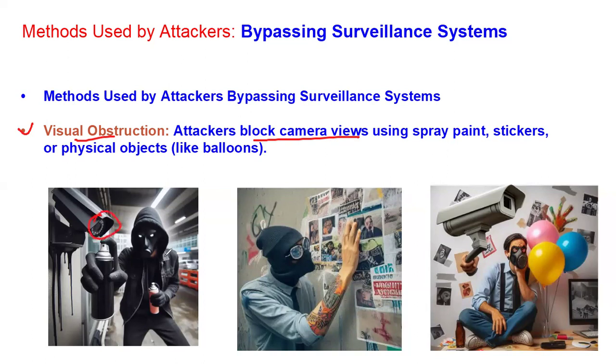If you see, the attacker is trying to block the camera view using spray paint on the camera, or sticking stickers on it, or putting physical objects like a balloon. They are obstructing the cameras to hide their activities. These are the different ways to obstruct the cameras.